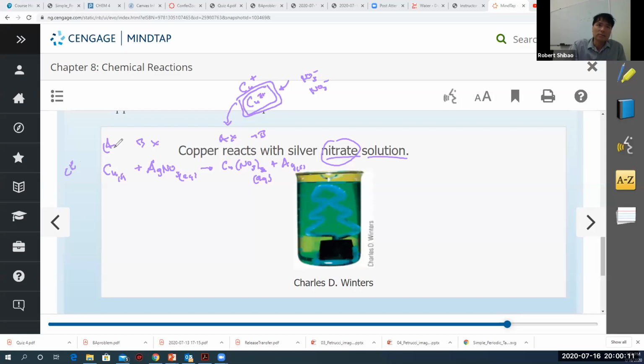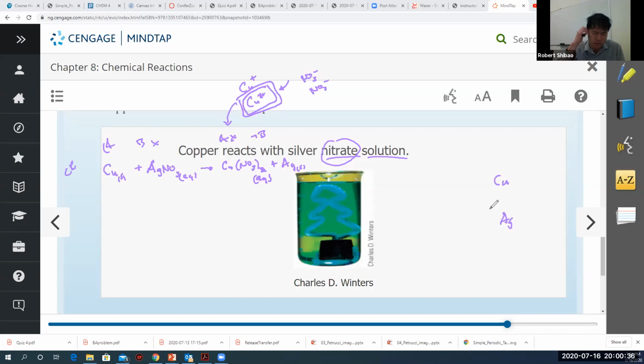And then what we do is we look for driving force. So we go to the activity series. What's more stable, copper or silver? What would you rather have? Let's say copper jewelry or silver jewelry, if you want long lasting or longer lasting. Well, copper is much more reactive, it's less stable, it's more prone to oxidation than silver.